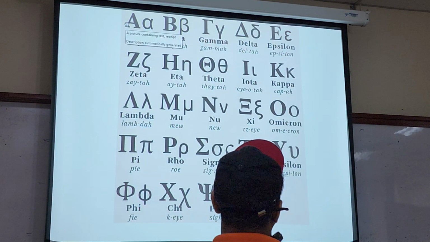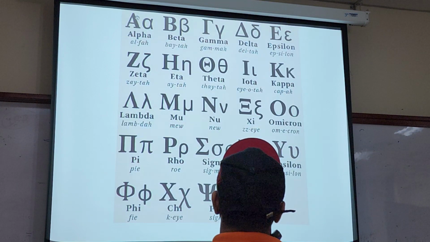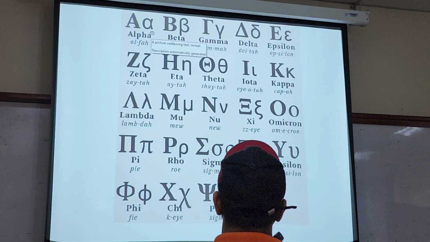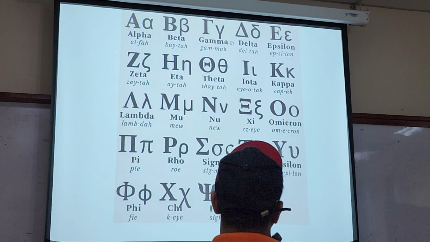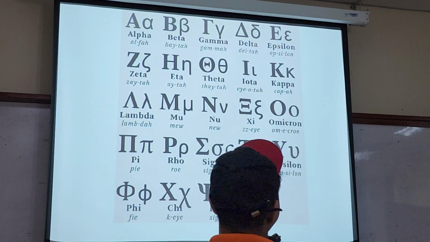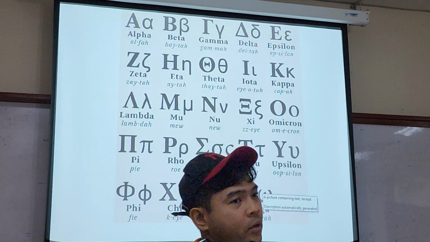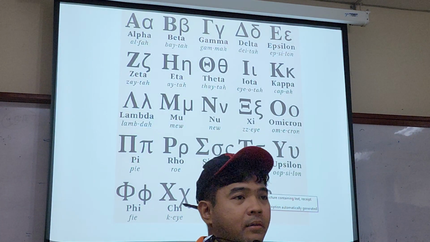For example, alpha, this is the capital letter, and this is the lowercase form. You got alpha, beta, gamma, delta, epsilon, and all the way until omega. The end of it is not Z, because this is Greek.